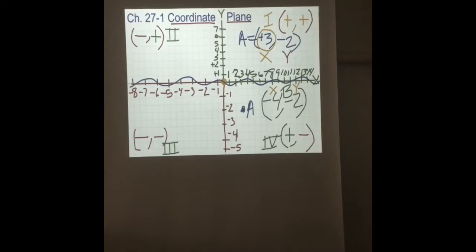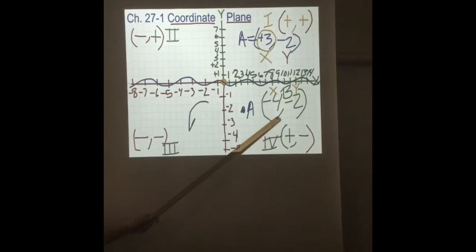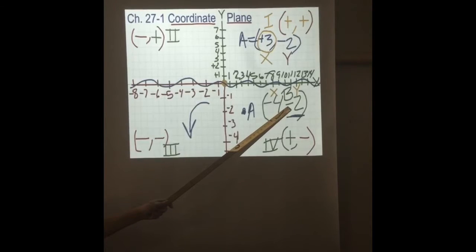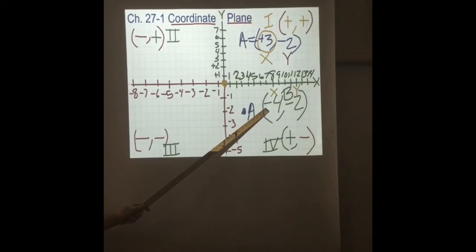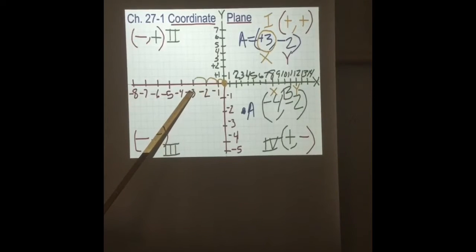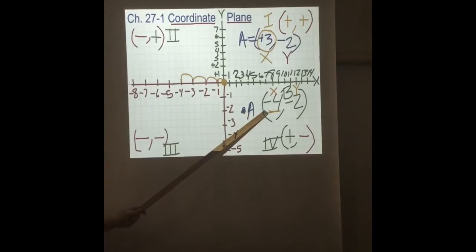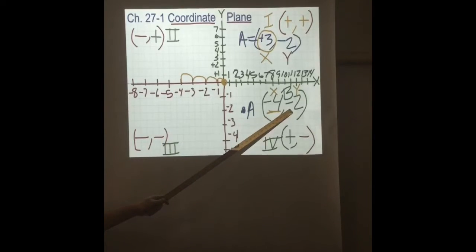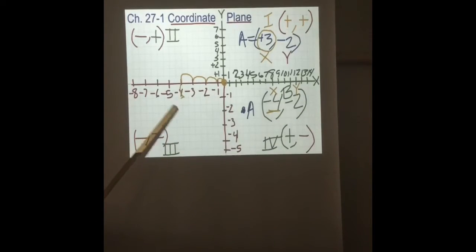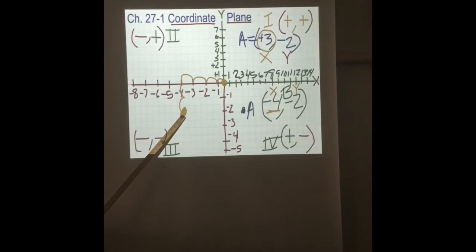When our second number is a negative number, that means we're going to go underwater. Go back to our 0, 0, and we're going to go over to the left 4 spaces. 1, 2, 3, 4. So there's our -4 right there. Now we're going to go down 2. 1, 2.